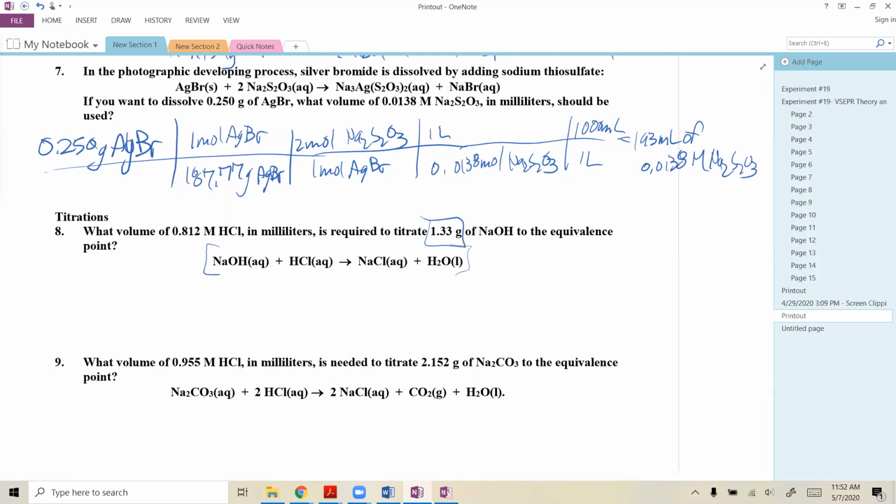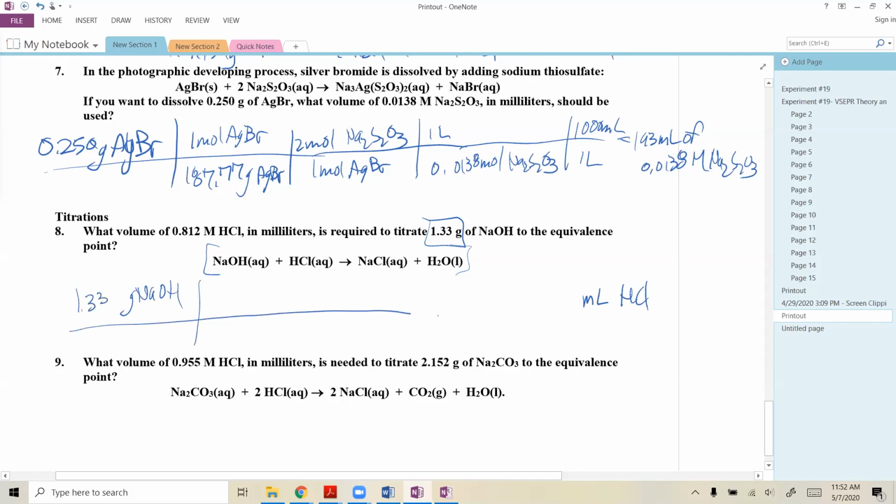So for this one, we're starting off with our grams of sodium hydroxide, and we want to figure out a volume of HCl that we need. So if we start with grams of sodium hydroxide, what do we need to do to that as our first step?